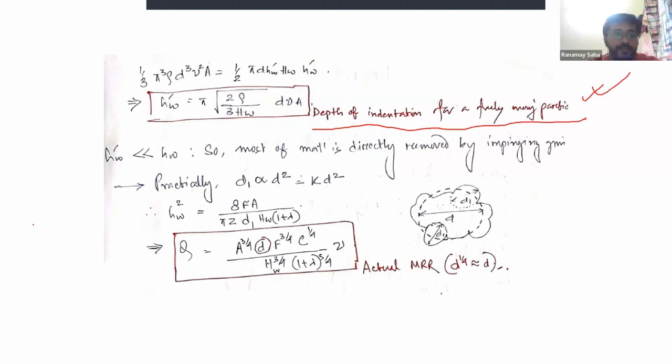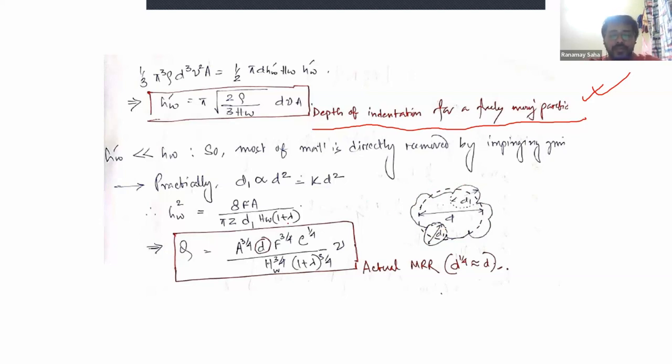And this is one more concept: the particles are not completely spherical, and the outer periphery is very irregular, having multiple small spheres. You can assume each one of them to have a diameter of d1, right?